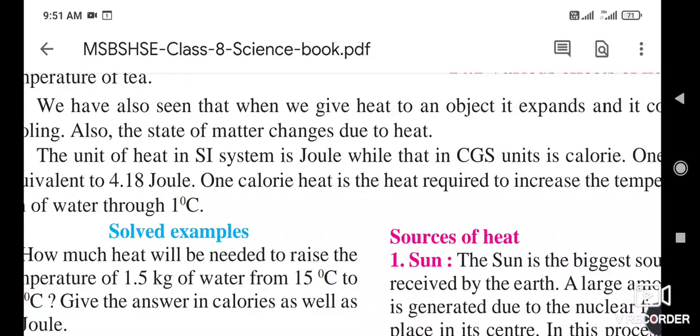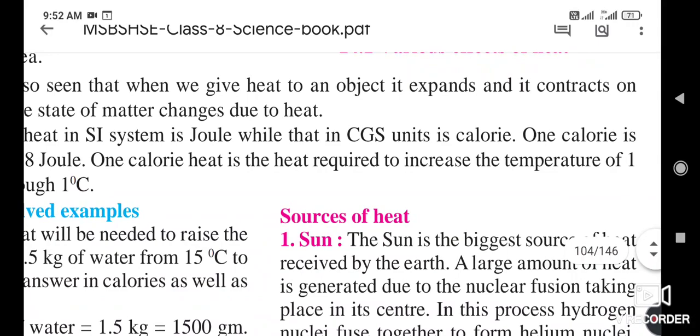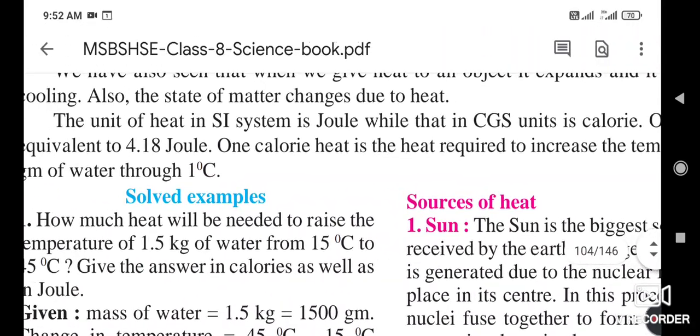Okay, so in the SI system the heat is calculated as 4.18 joule, and in CGS units it is calculated as 1 calorie.